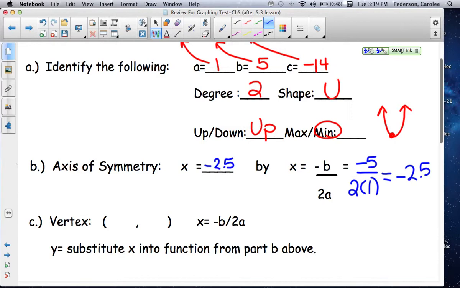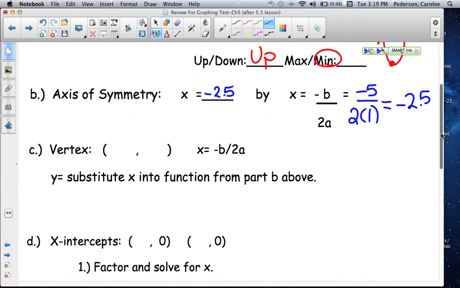Now we're going to find our vertex point. Remember, our vertex falls on the x of symmetry. So our vertex x value is negative 2.5. To find the y value, we substitute x into the equation.